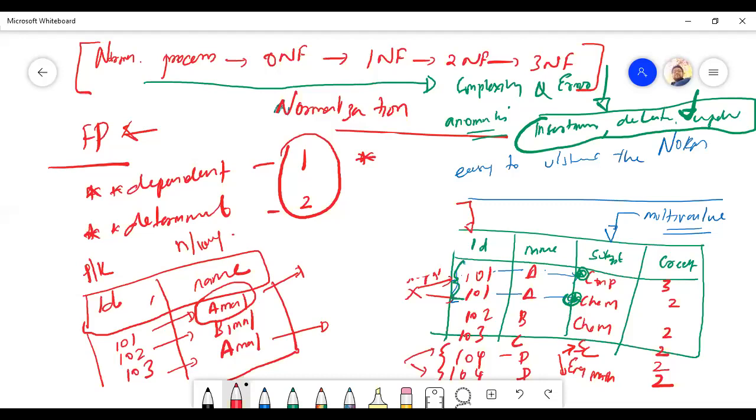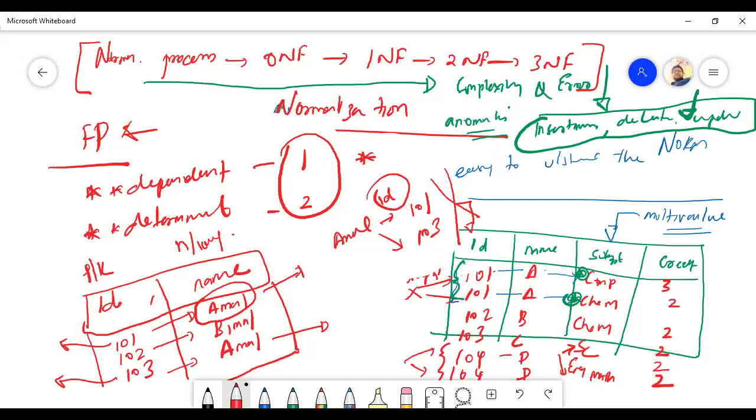Now you can see, if you take Amal, what is his ID? Will you write 101 or 103? Which one do you write? You cannot tell. If you call Amal, the 101 person will come, and the 103 person will also come.